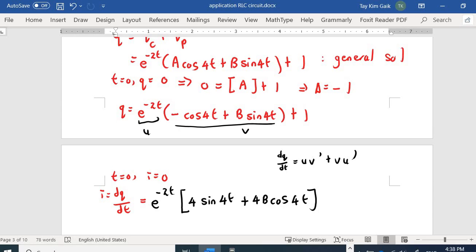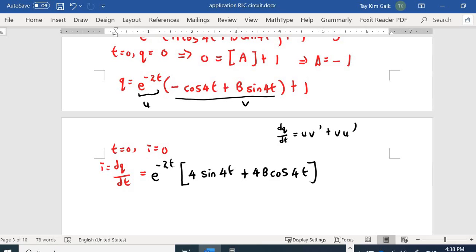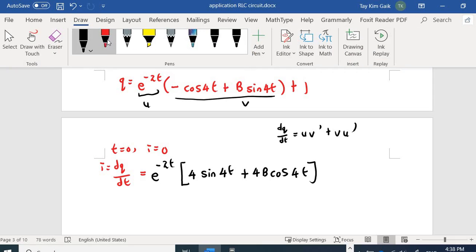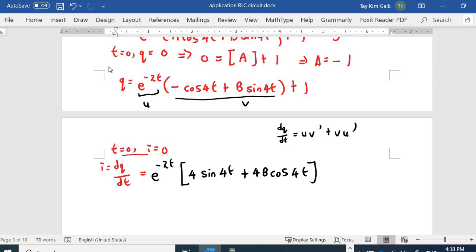Okay, plug in dq/dt equal to I. So when t equal 0, I equal to 0. So exponent 0 is 1, sin 0 is 0, cos 0 equal to 1.